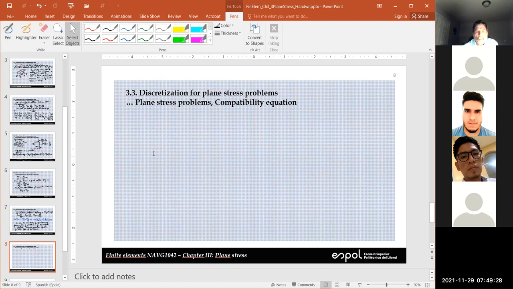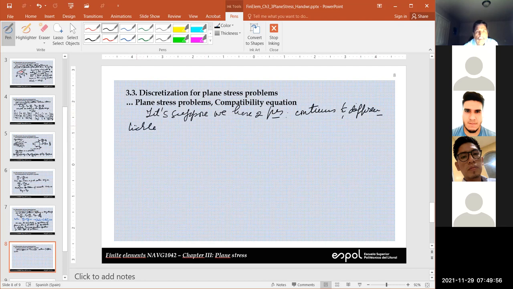And it goes like this. Let's suppose we have two functions which are continuous and differentiable. So we have u and v.